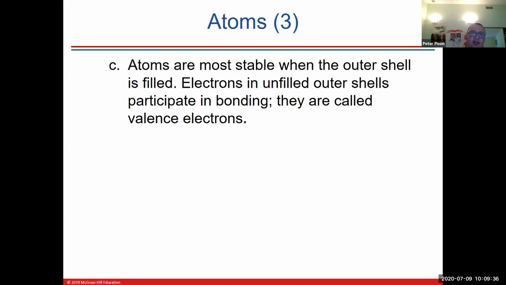Electrons in the unfilled outer shell participate in bonding. They are called the valence electrons. When we talk about chemistry, about 95% of all we ever talk about are the valence electrons in the outermost shell doing different types of bonding and moving bonds from one atom to another.